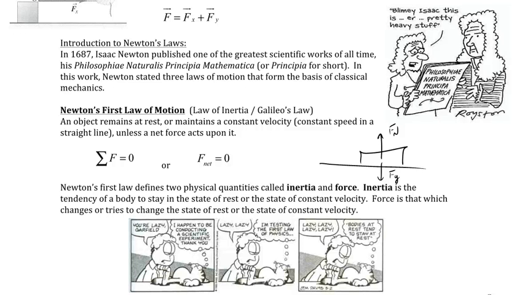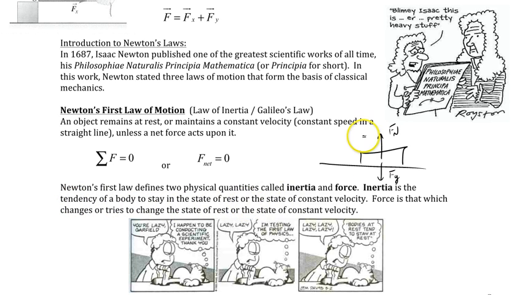One of the key ideas in Newton's first law, and the reason why it's called the law of inertia, is this idea of inertia and force. Those are the 2 key ideas. Now, inertia, you should understand what that term means. It's a property of all objects that have mass. And it's the tendency of that object to stay in the same state of motion.